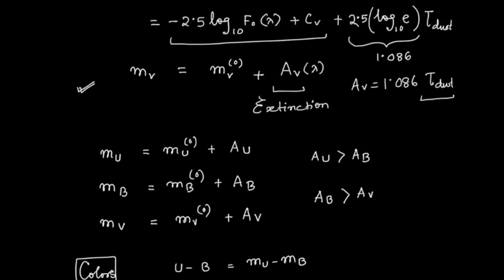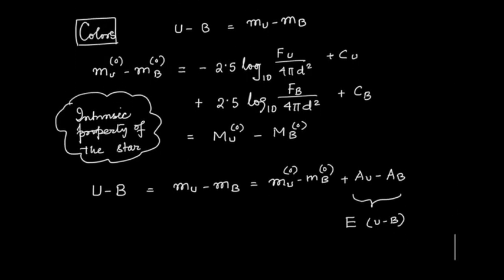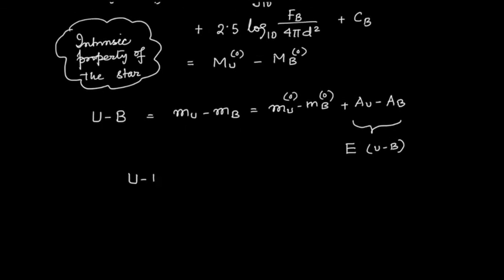They are tau, and just to remind you, tau is the integral of alpha ds, and that ds integral is in both of them, so the distance to the object will almost cancel out. So you see U minus B as observed is U minus B as actual plus this excess, called the color excess.